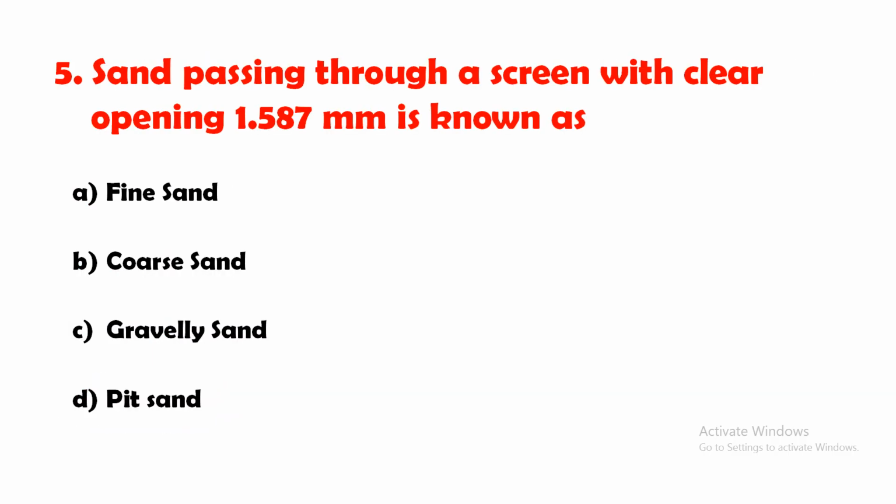The sand passing through a screen with clear opening 1.587 mm is known as fine sand, coarse sand, gravelly sand, pit sand. The answer is: sand passing through a screen with clear opening 1.587 mm is known as fine sand.